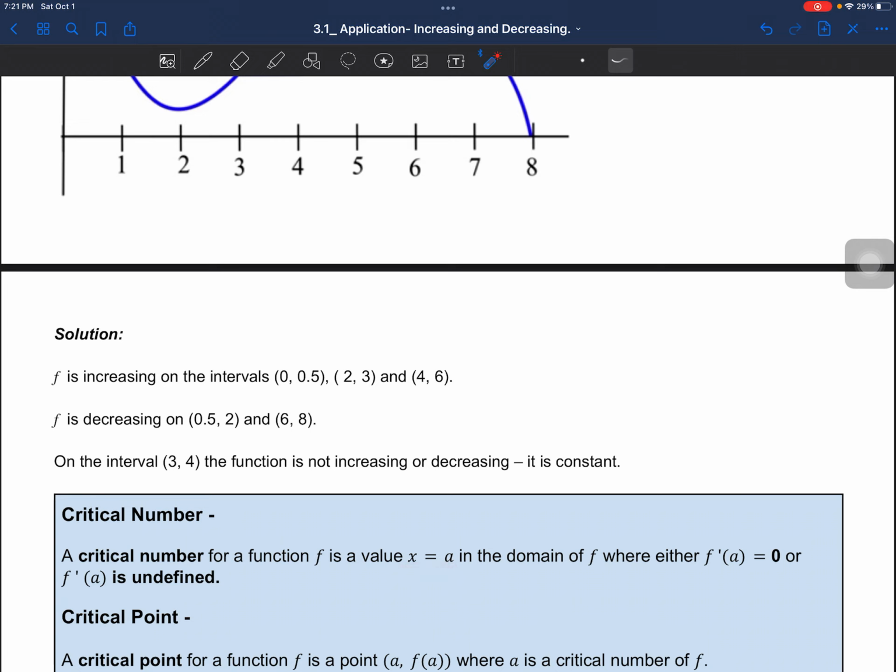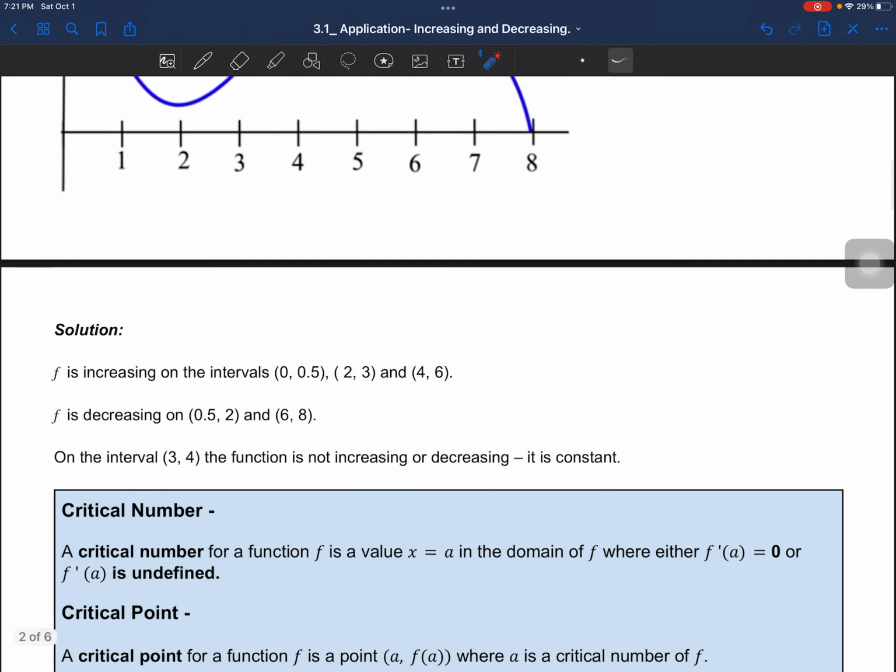A critical number of a function is located in a domain if that value for the derivative is 0. Another place where it could also be a critical number is whenever the derivative is undefined.